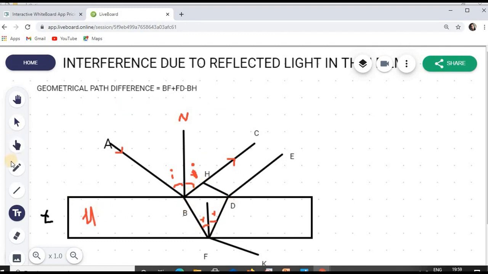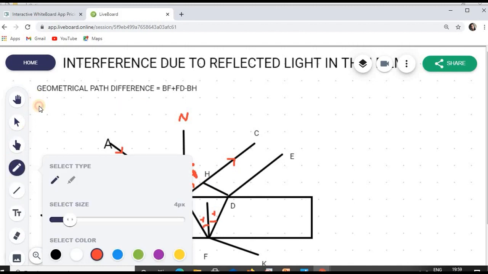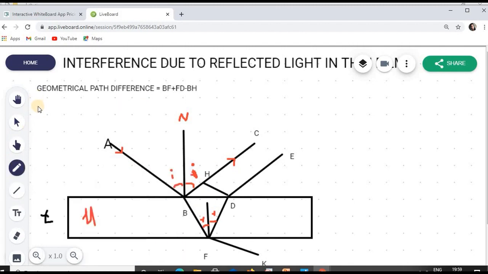So I can notate the optical path difference as delta.